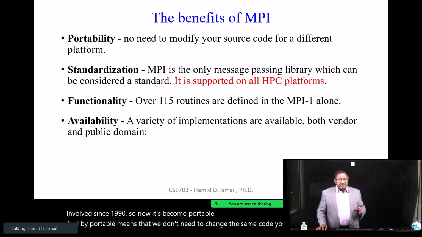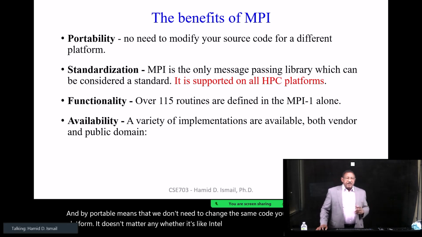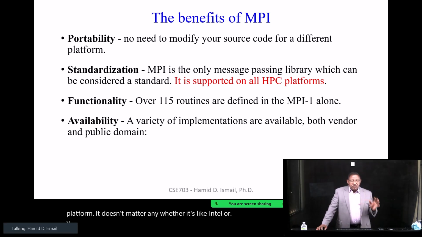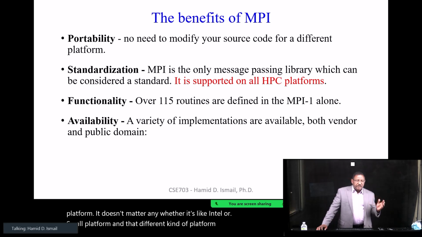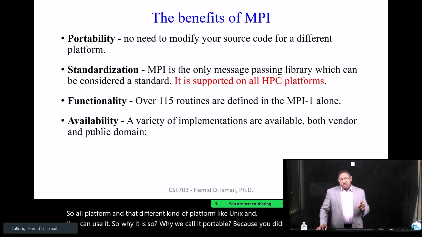It doesn't matter whether it is Intel or others, and there are different kinds of platforms like Unix. So why do we call it portable? Because you don't need to change the code. You are always using the same code.